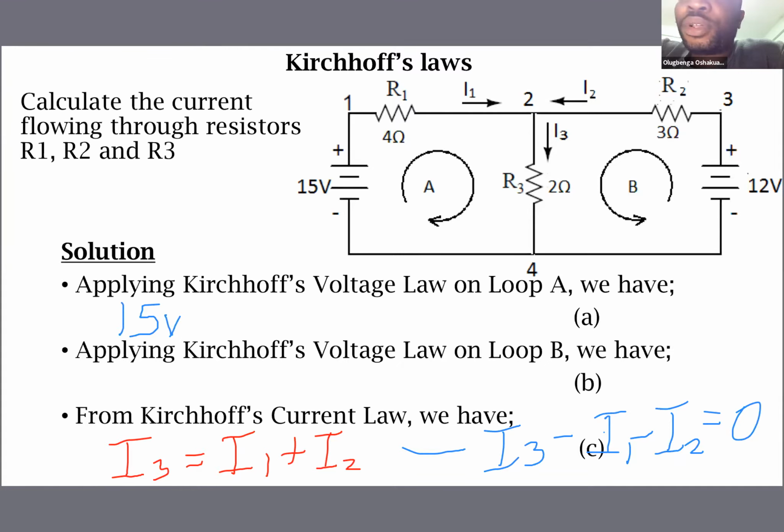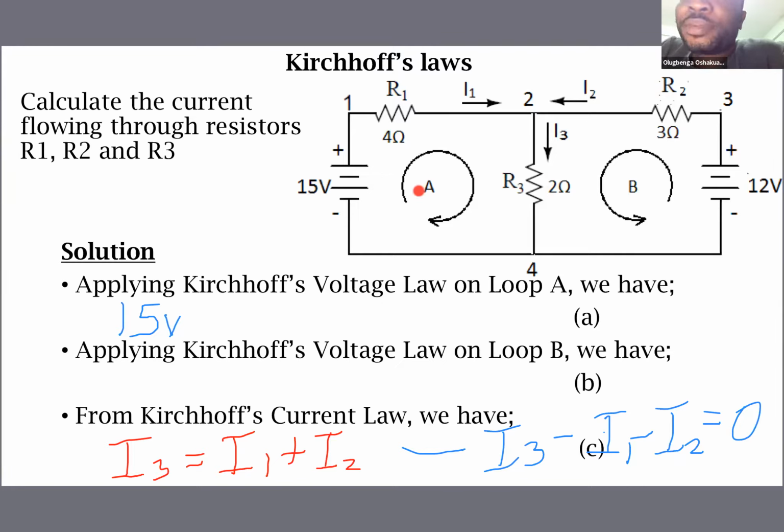And the other point is to know that the direction with which current is flowing through this R1, that is I1, agrees with our loop.